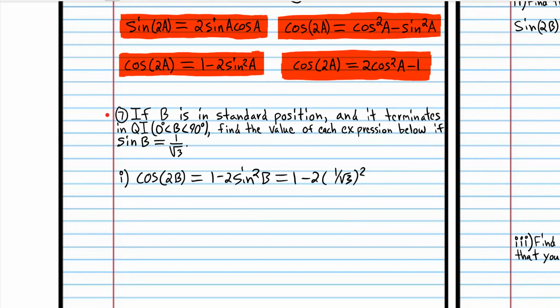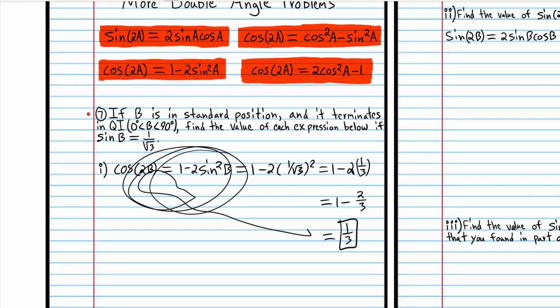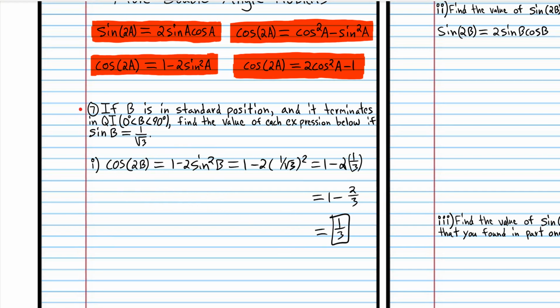And all we have to do is simplify that. So 1 over root 3 times 1 over root 3 is 1 over 3. And then we have 1 minus 2/3, which is 1/3. And remember, with the double angle formulas, you don't have to worry about a plus and minus symbol. The sign is going to be taken care of in the double angle formula for you.